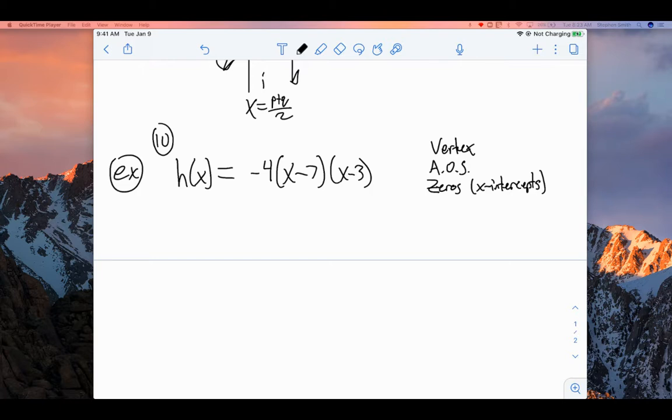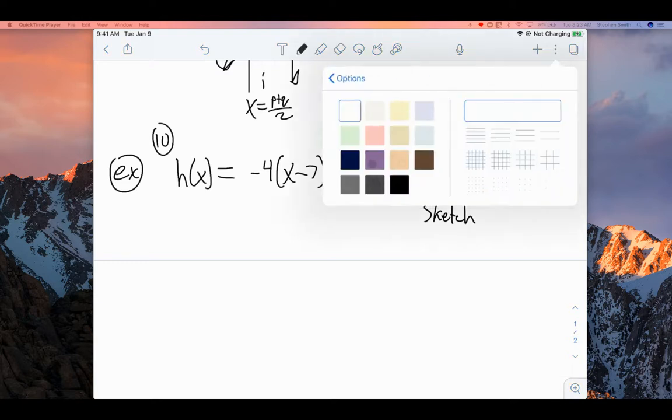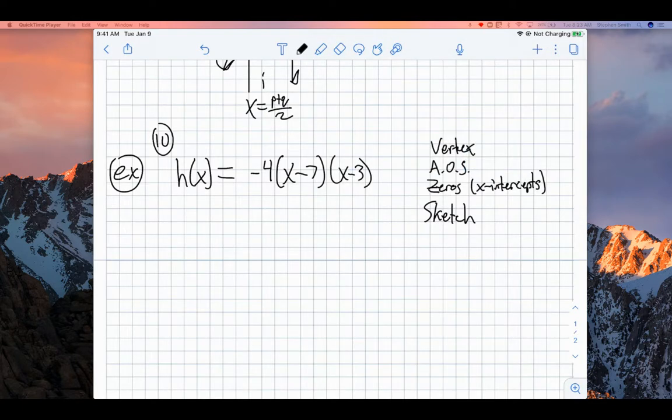So the two easiest ones are the axis of symmetry and the zeros. And we can sketch this out too. So we're going to use paper for this part. Let's start with zeros.